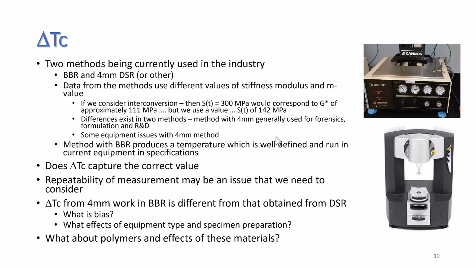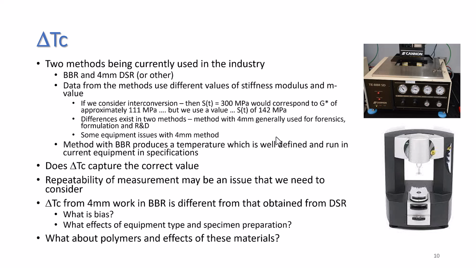And really, there's a difference between these procedures being used. And at the moment, I really tend to say that if we're using 4mm work, we should really just consider the delta TC as a forensic tool that we're using from that type of test, and not really use it in a specification sense, because you will get different values compared to what we see in the bending beam rheometer.